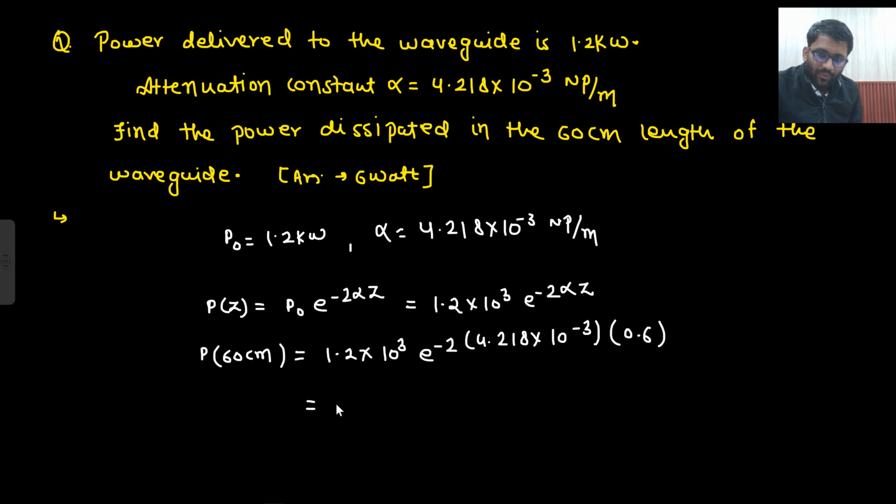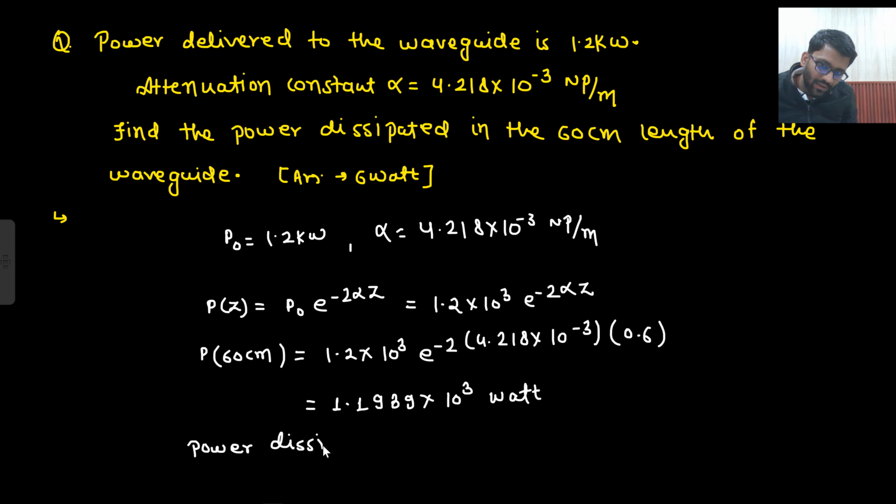So the power is coming out to be 1.1939 into 10 to the power 3 watt. The power entered was 1.2 kilowatt, and now this much power is remaining. So where has the power gone? The power was dissipated. What will be the power dissipated?